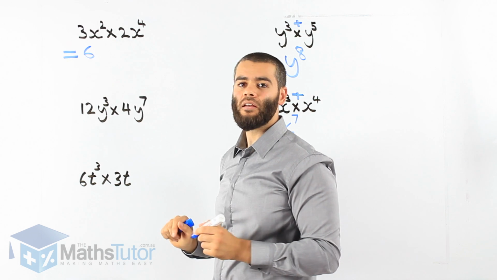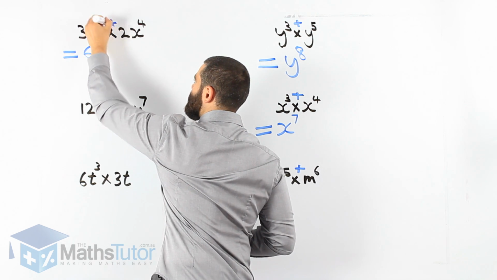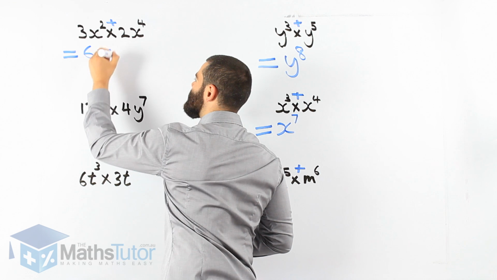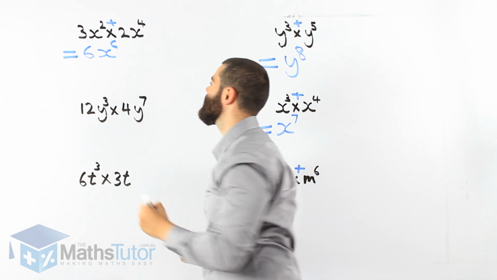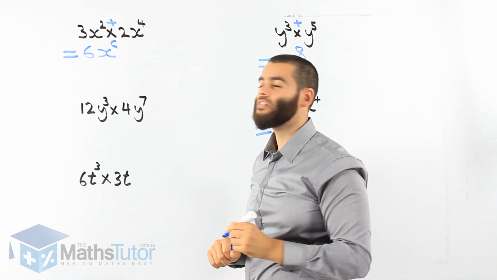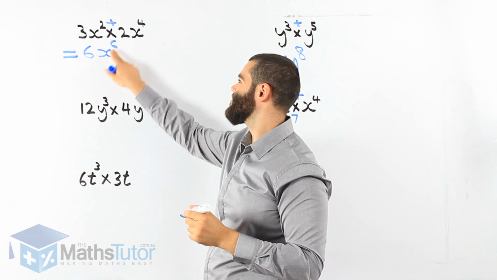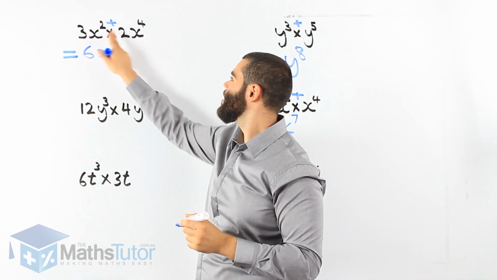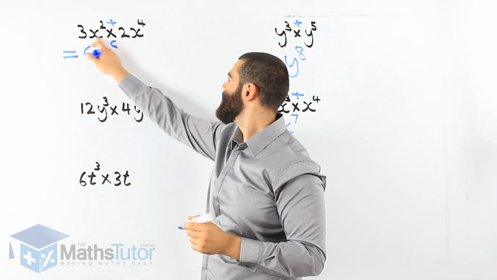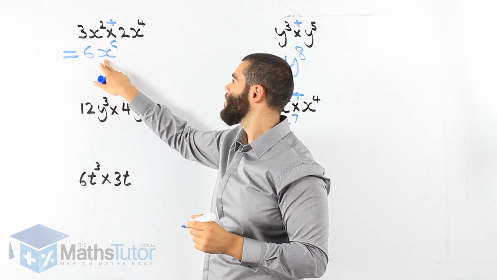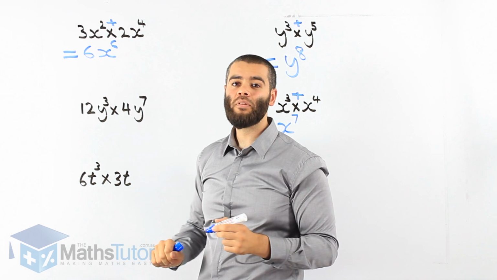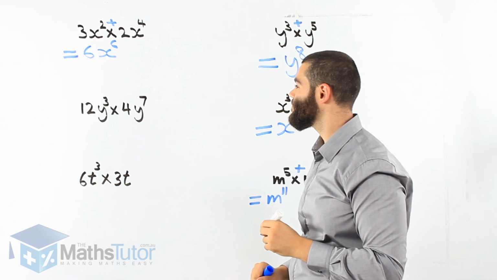We are multiplying, so we add and we write x to the power of 6. So our answer is 6x to the power of 6. 3 times 2 is 6. Same base, x and x, so we add the indices. 2 plus 4 is 6.